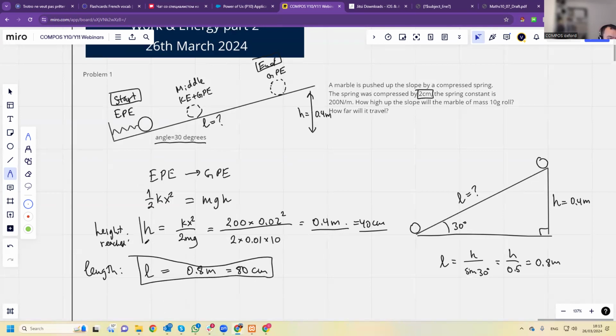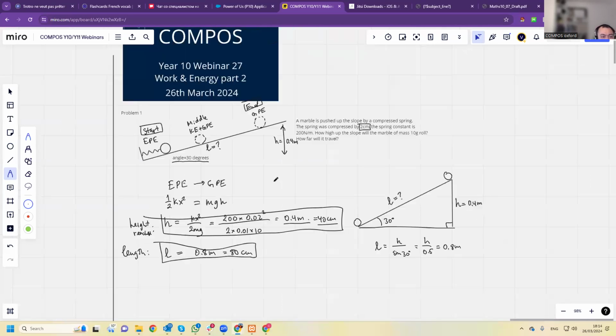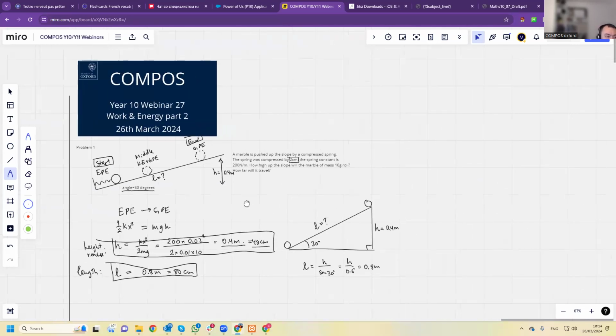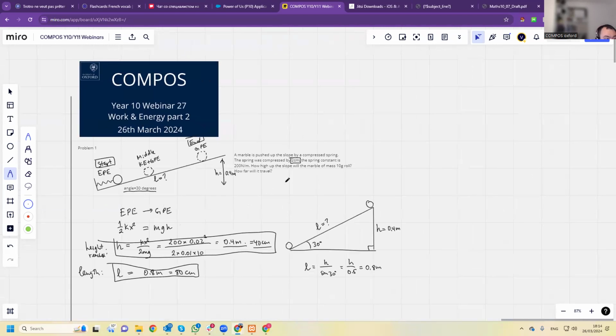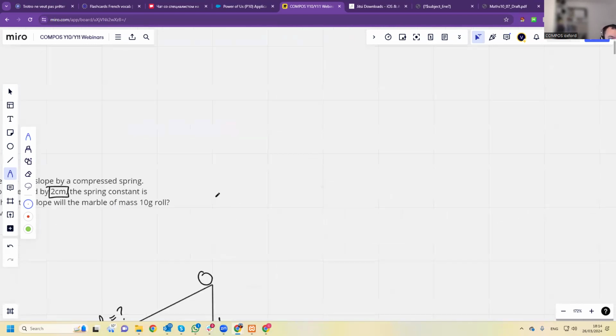The ball will roll. And interestingly, we're not taking into account the shape of the slope to answer the first question. Even if the slope was like this, it would reach a height of 40 centimeters, regardless of the shape of the slope.